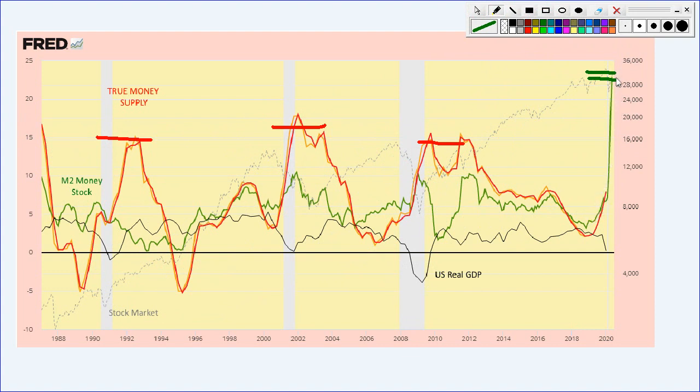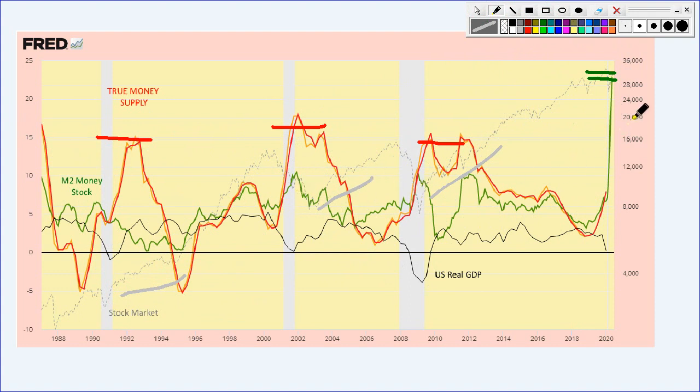We'll have to wait and see if it gets anywhere near over the previous highs. Now, what I want to point out is that see how the true money supply expanded here. Well, stocks went up that way, stocks went up that way, and stocks went up that way, obviously after the initial shock.